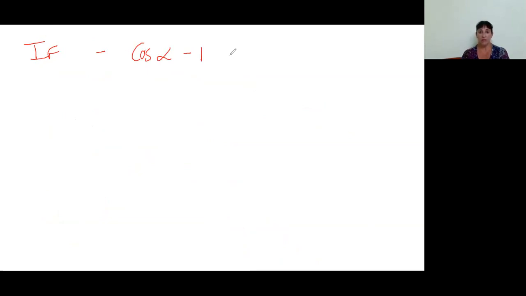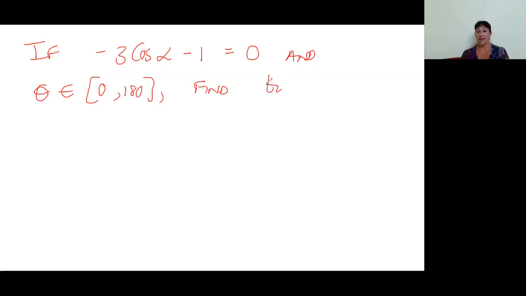We change it to a 3 equals 0, and theta is an element from 0 to 180. Find tan squared theta minus, cos theta, no, I want to do sine theta. Okay, so that's the question.